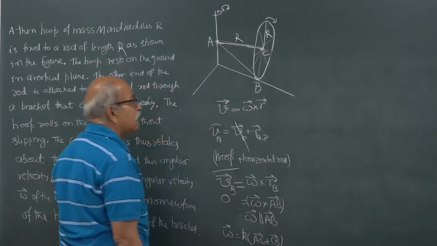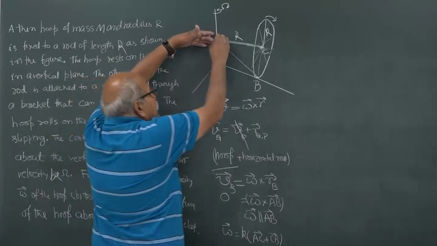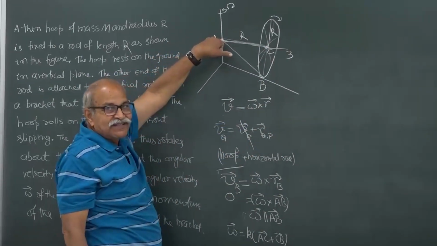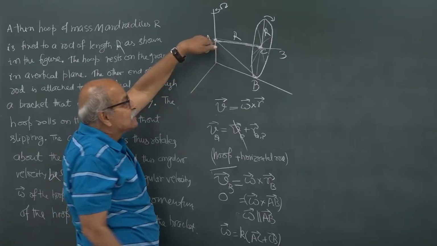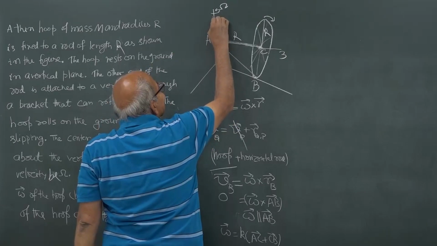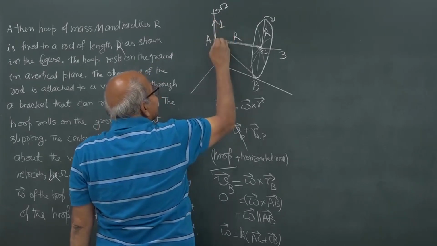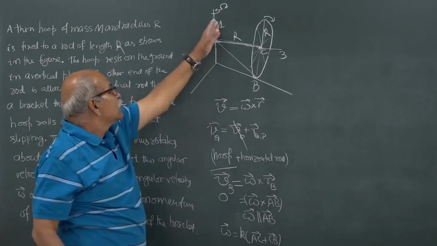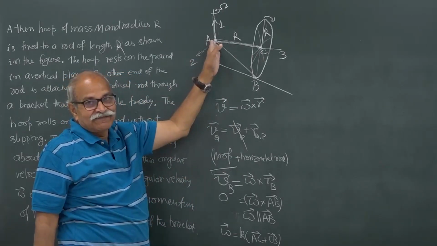Now, let me take axes. This will be our 3 axis, as usual, the symmetry axis we take as 3 axis. Then this vertical will be our 1 axis, and then the perpendicular will be 2 axis, like this. So, 1, 2, 3, origin here.